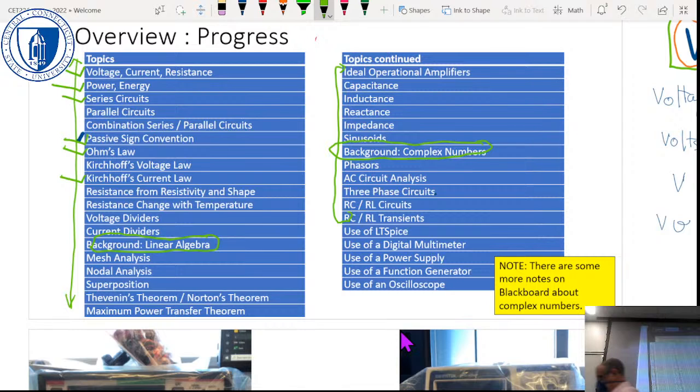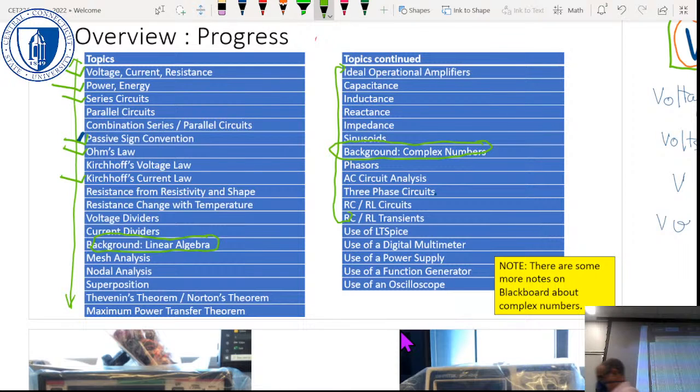And I will write it out. And it's got a very, very similar form to the current law, except now we're talking about voltages instead of currents. And we're talking about a loop.